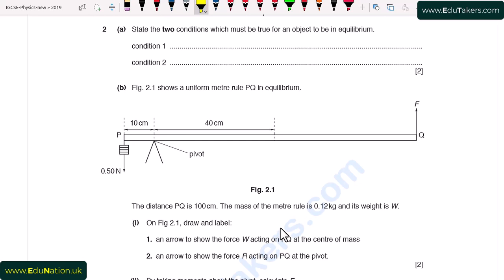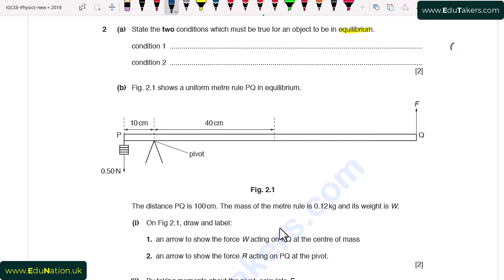Question number 2, part A. State the two conditions which must be true for an object to be in equilibrium. Here we have to state the conditions of equilibrium. For a body to be in equilibrium, the net force acting on it must be equal to 0.